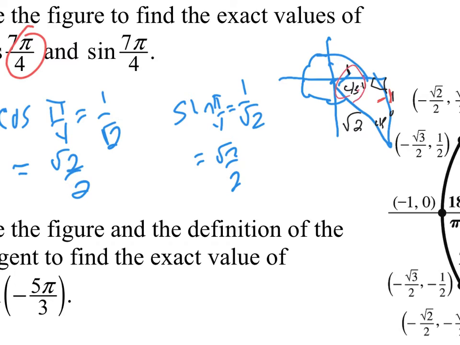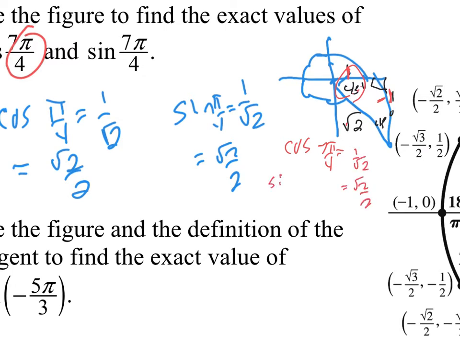The cosine of that angle, which is 7 pi over 4, must be the adjacent over the hypotenuse, which is 1 over the square root of 2, which is square root of 2 over 2.